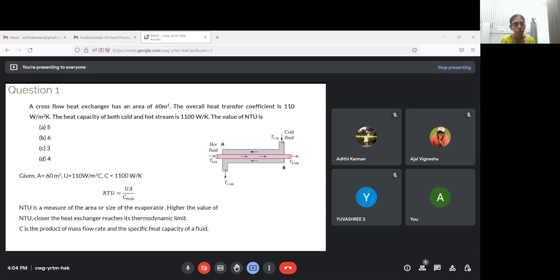And here the heat capacity is the product of mass flow rate into specific heat capacity of a fluid. So this is how you will calculate the number of transfer units. The answer comes out to be 110 into 60 divided by 1100, which is 6. So the correct answer to this question is option B.